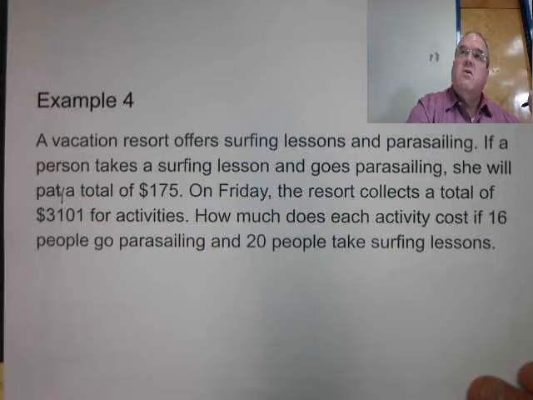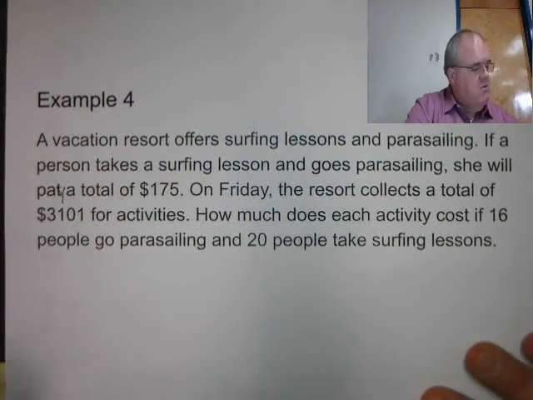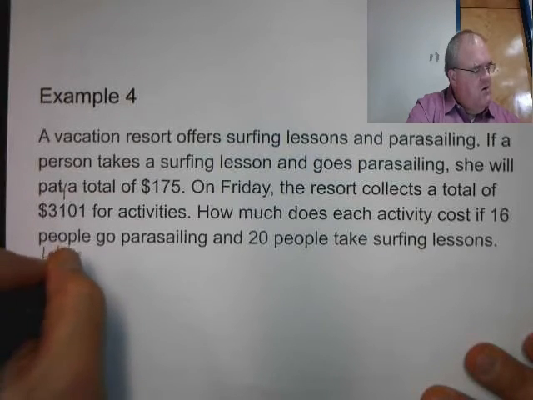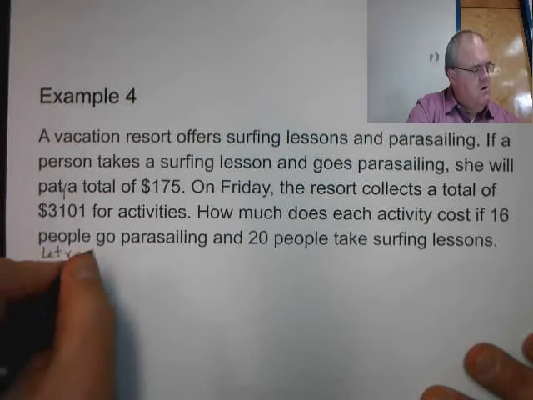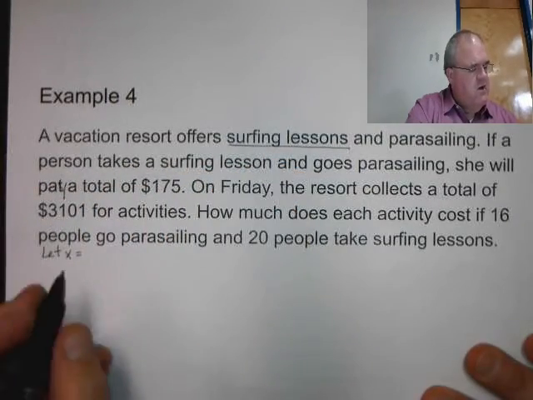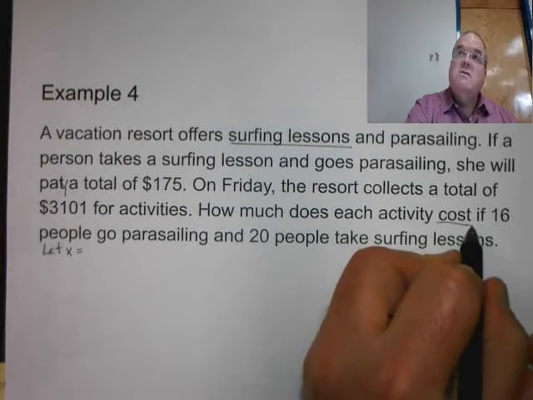So what I need to do, probably the most important thing, is to define my variables. So I'm going to say let x equal, and I'm just going to put them in order. The first one here is the surfing lesson. And I want to know the cost.